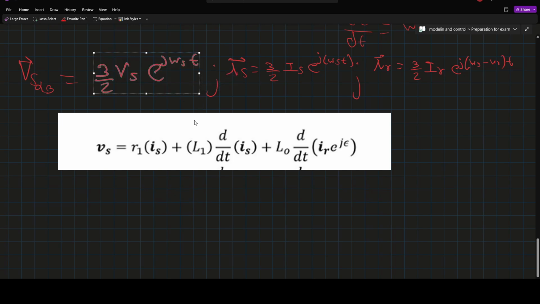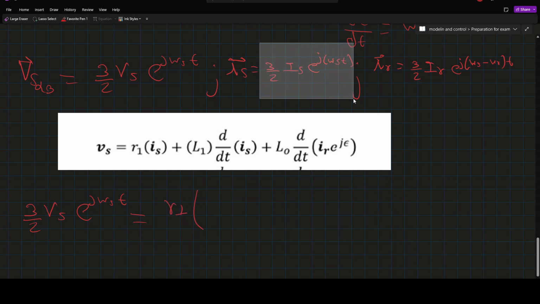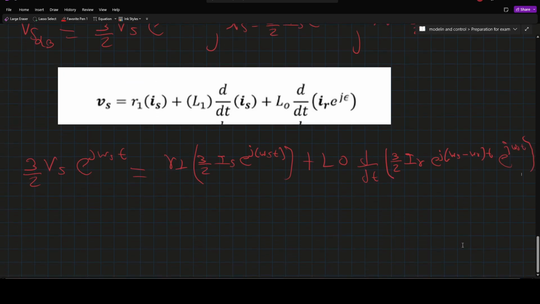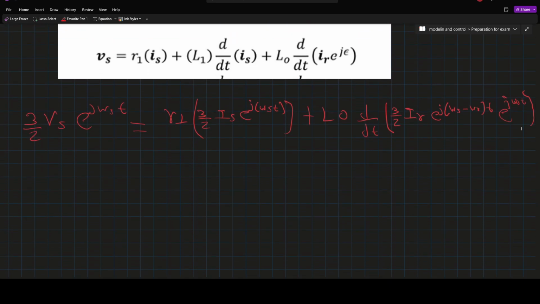This equals R1 times I S, plus R0 di dt of I R times e to the j epsilon, and remember epsilon is omega R t.